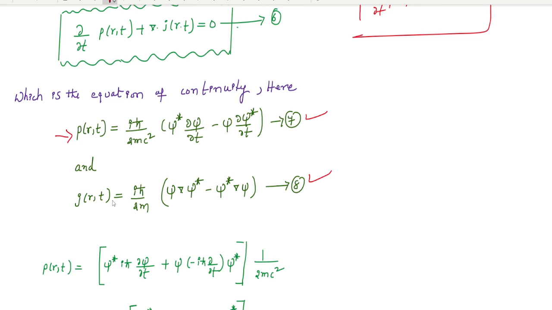However, the expression for the probability density P(r,t) is completely different from the one we observed in the non-relativistic case.